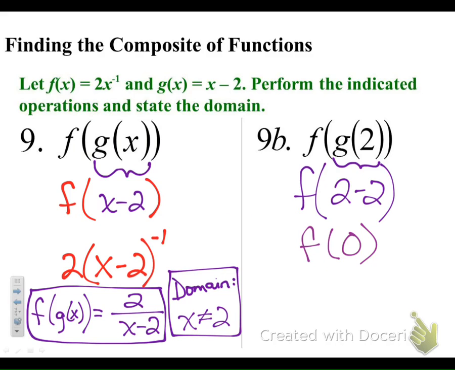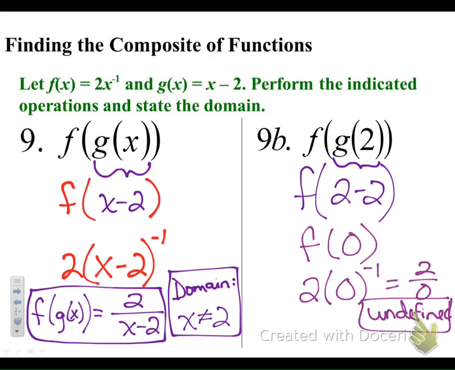So I go back up to f's function, 2 times 0 to the negative 1. So f's function is take your number, raise it to the negative 1 power, and multiply by 2. So what happens? Wait, that 0 needs to move. It becomes 2 over 0. So this answer is undefined. Shouldn't have been able to do it.